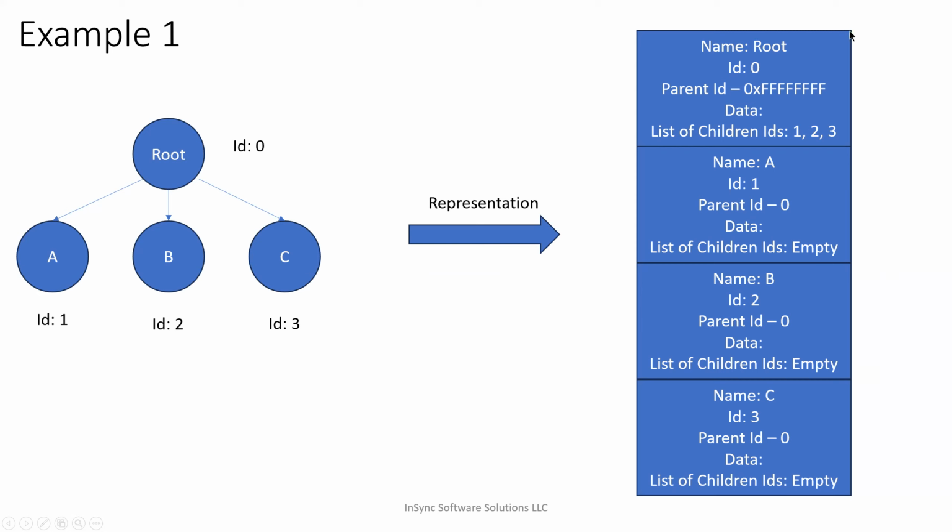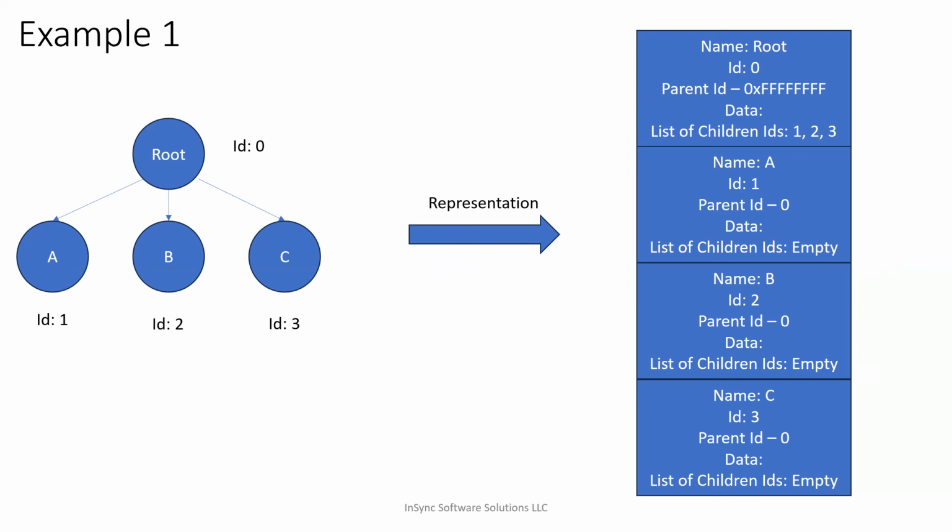You have the first node as the root with ID 0, and then next in the list you have child A, then child B, and then child C. Root has the list of its children IDs, so 1, 2, and 3, and each of these child nodes, for example ID 1, has its parent as root, which is 0, and the same goes for nodes B and C.